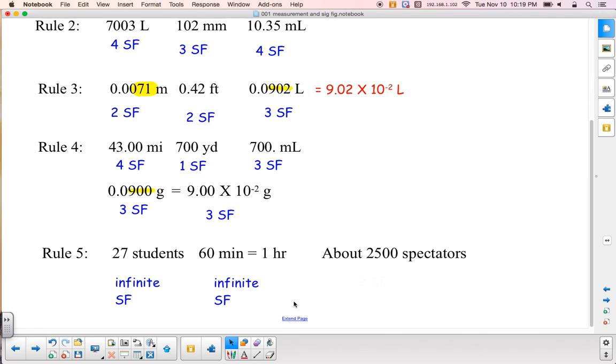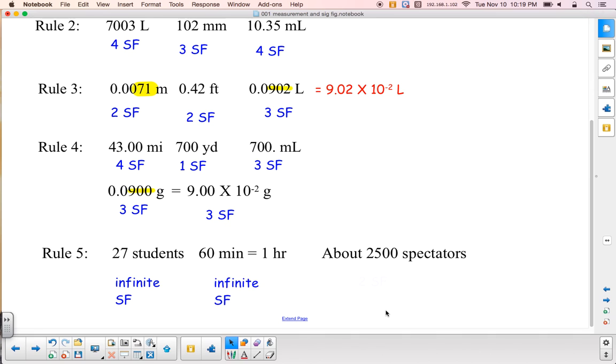Do not, however, fall into the trap of believing that all whole numbers have infinitely many significant figures. There are often times when we estimate about how many of something we have, and we didn't actually count every individual item. For example, if we go to a football game on Friday night and we look around the stadium, we might say, there's about 2,500 spectators here.